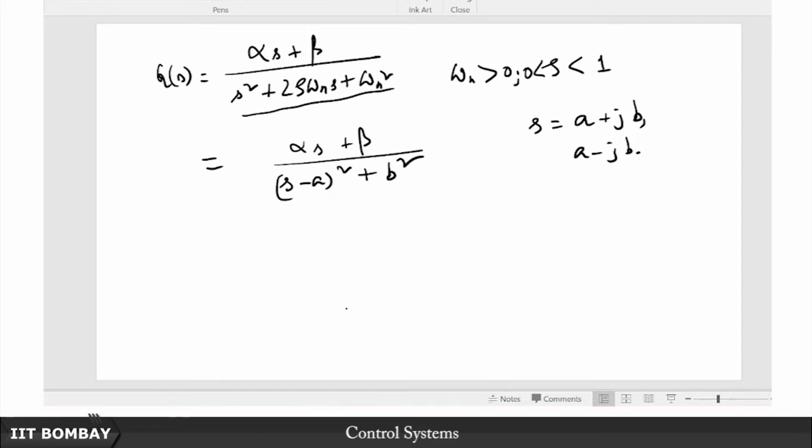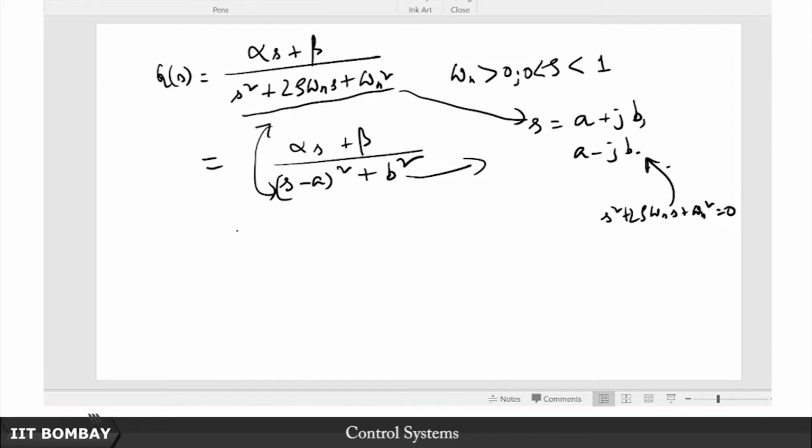I can do that because if I solve s squared plus 2 zeta omega n s plus omega n squared equal to 0, then these are my roots, and if I solve this polynomial, these are also my roots. So the polynomial can be written in this form; it is one and the same, just completing squares.